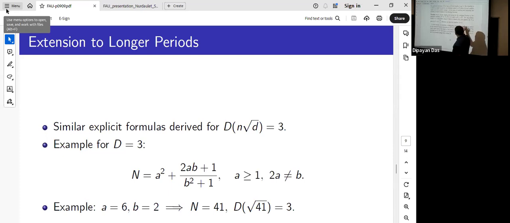They shouldn't be equal to each other, and B should be divisible by 2A. That's the only condition, and any such integers will be period 2. So we can find infinitely many of these. The theorem that we showed gives the sufficient and the necessary condition, both. It has to be like this, and anything like this is period 2.